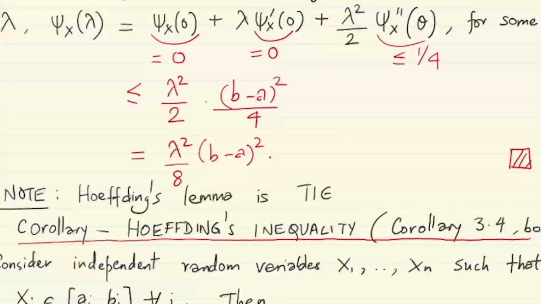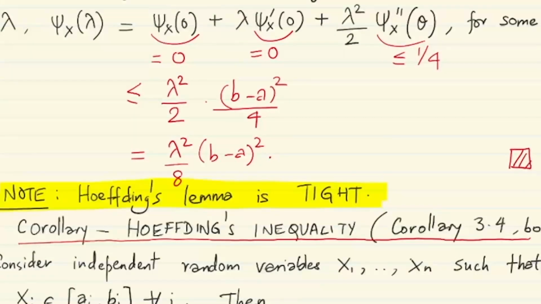Meaning that you can actually find a non-trivial random variable x given any interval a and b, for which the log moment generating function is exactly equal to lambda square by 8 b minus a the whole square.